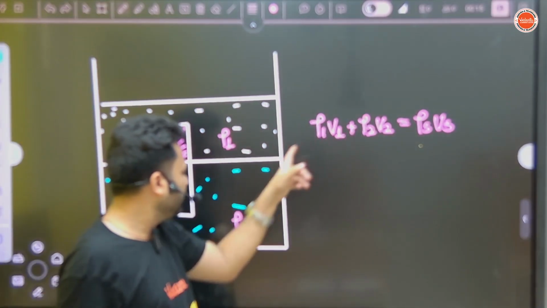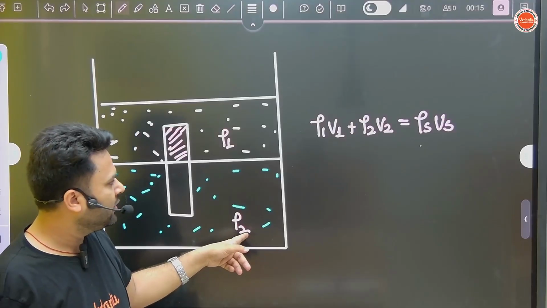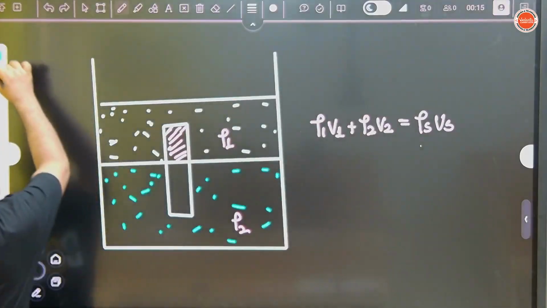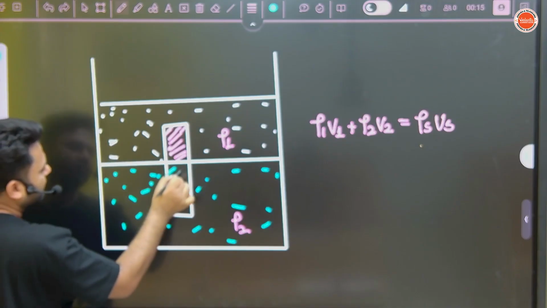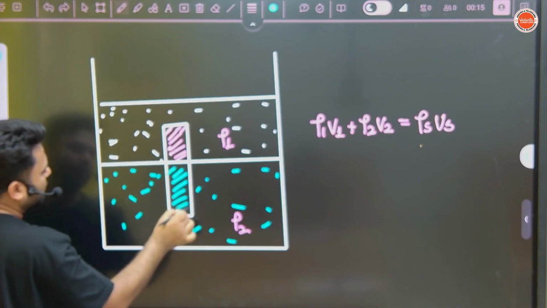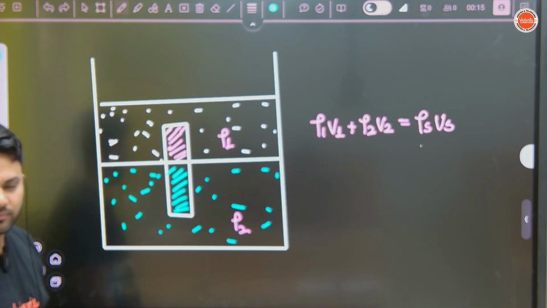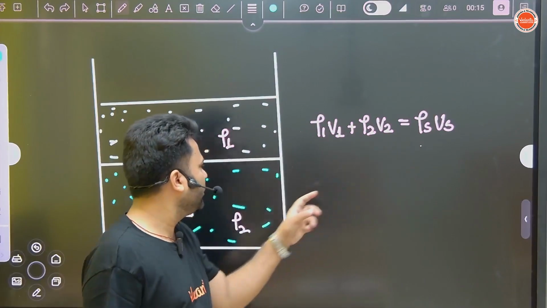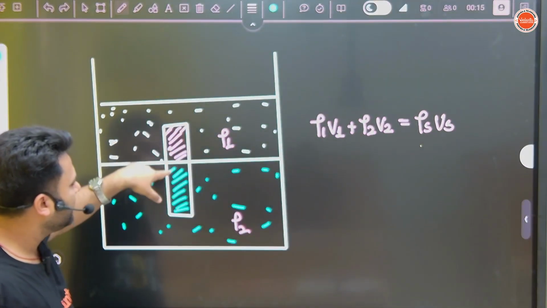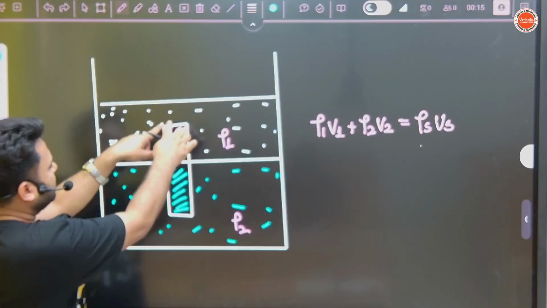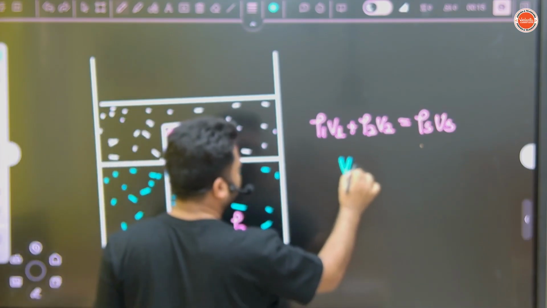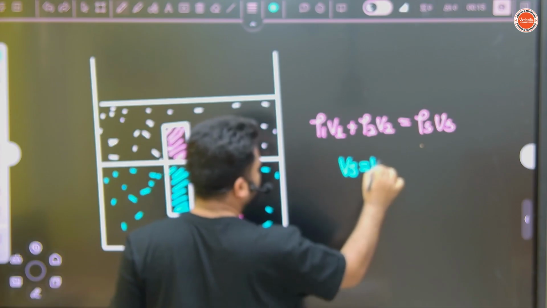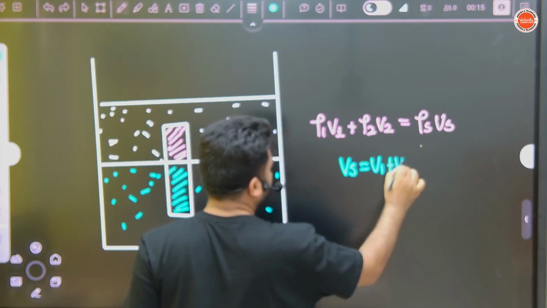Then rho 2 is the density of liquid 2. V2 is that volume of the solid which is inside liquid 2. Rho S means the density of this solid. Vs is the complete volume, so we can write Vs equals V1 plus V2.